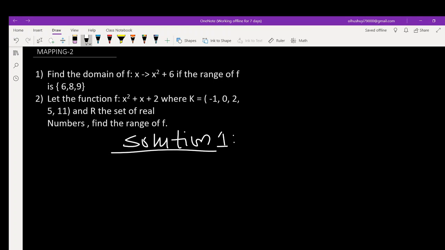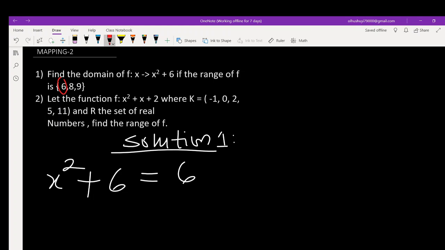Since to get your image, you have to map from the domain to the codomain, isn't it? So the same thing, all you have to do is write, for the first one, x squared plus 6 equal to 6. Let me pick this 6 one.